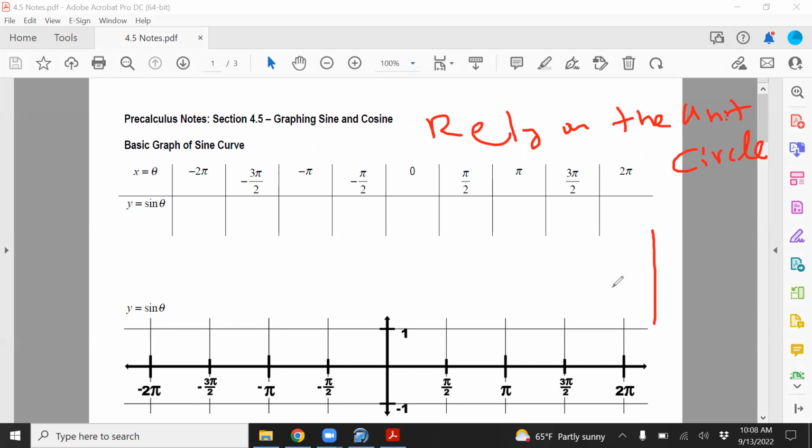Now I'm going to do a makeshift unit circle right here. You guys have your own. I know that's (1, 0), (0, 1), (-1, 0), and (0, -1).